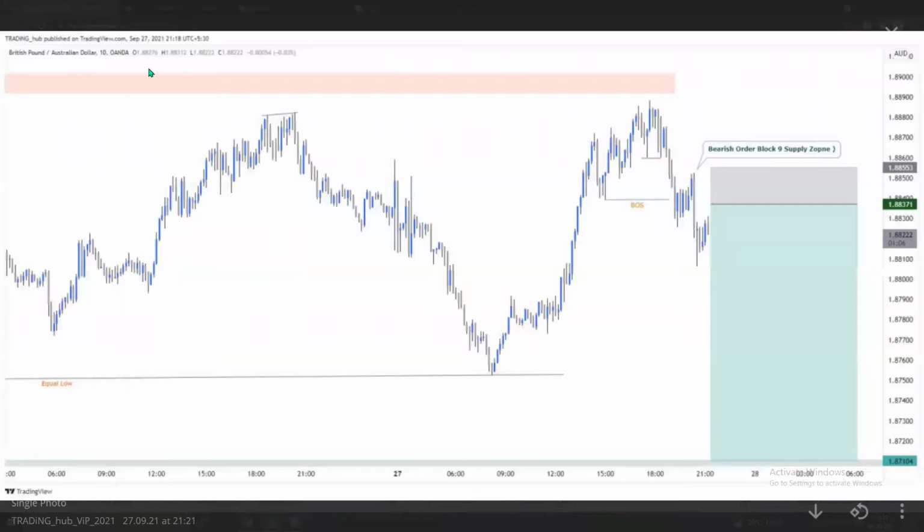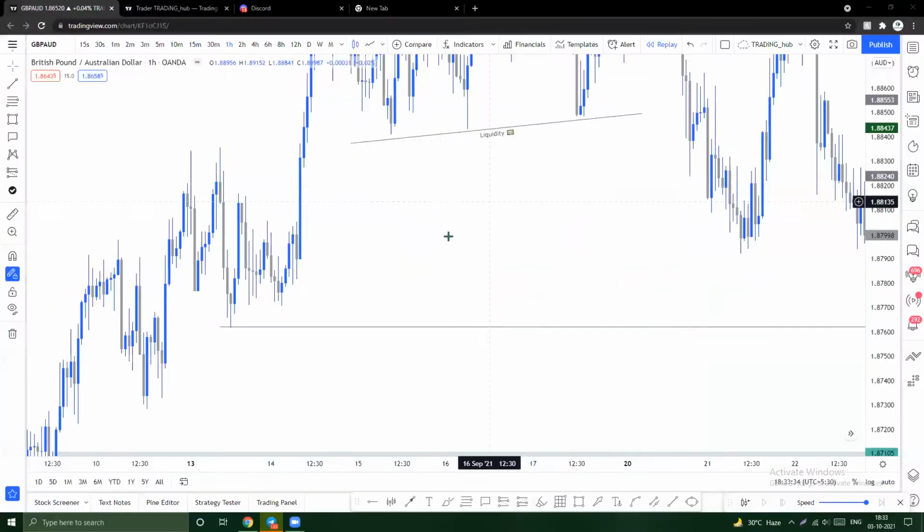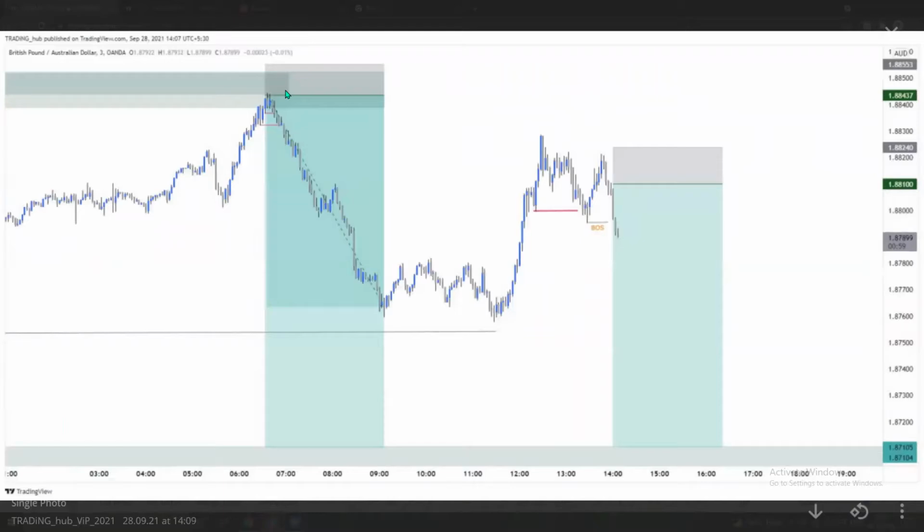This one is GBP/AUD, and this was a 10-minute entry right here. This was the first trade, and the next trade was here. The first trade is activated here, then the second position is scaling in at this point, right? So I'm showing you why I took this position.